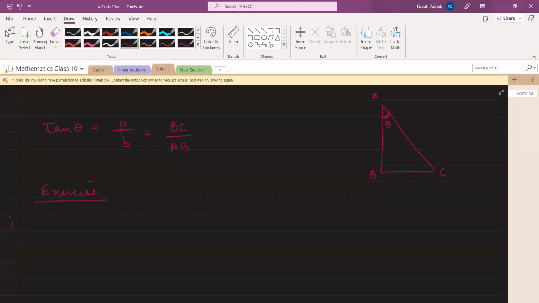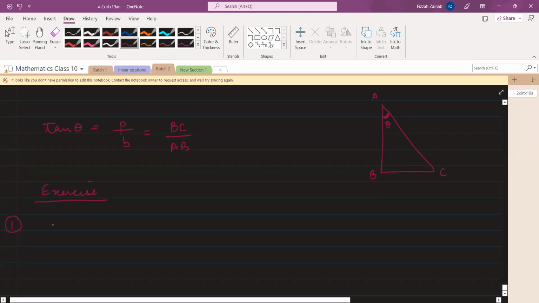Let us solve. So first question, it can be like this. If one of the trigonometric ratios is given, for example, sine of A is 2 by 3, find the other trigonometric ratios. Please write down.